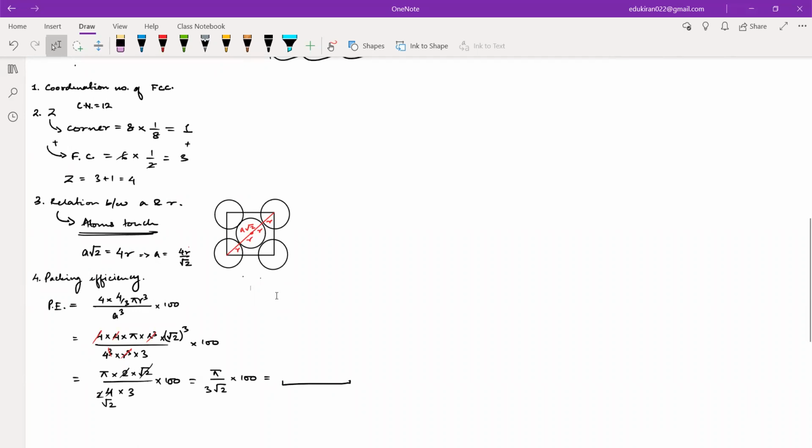Hishma, no, no, some mistake has happened from your side. Try again, try again. Hishma, what is the value of root 2 that you took?